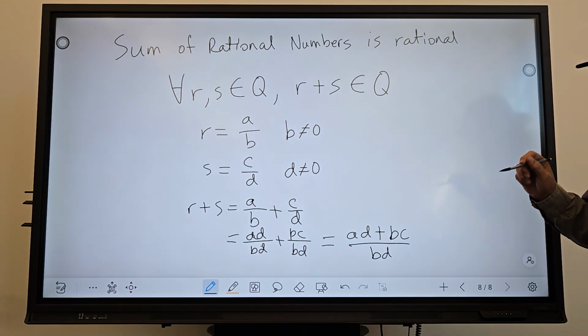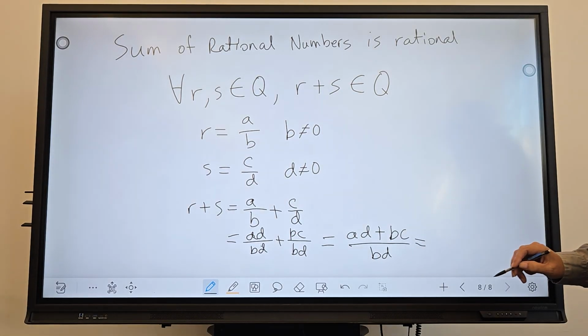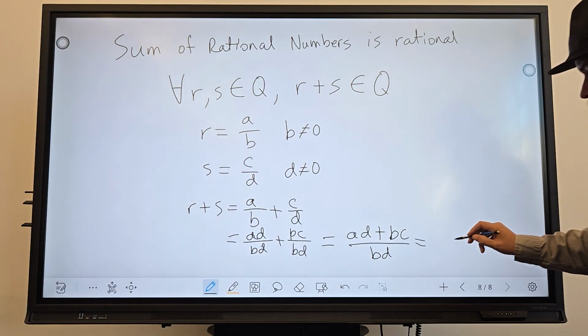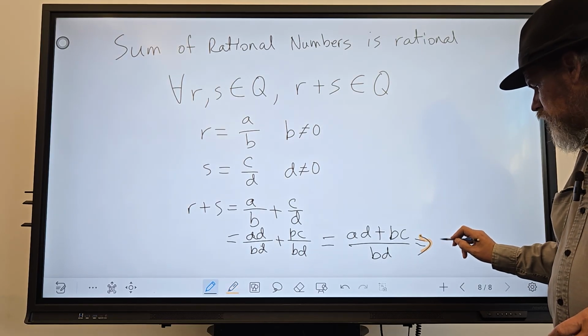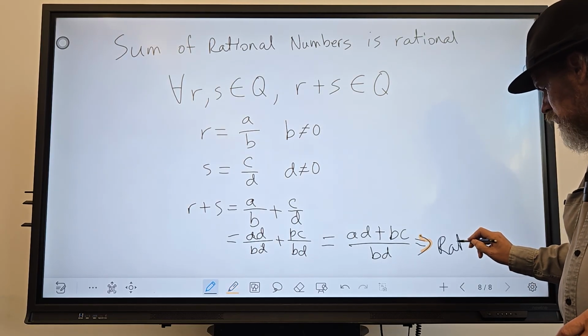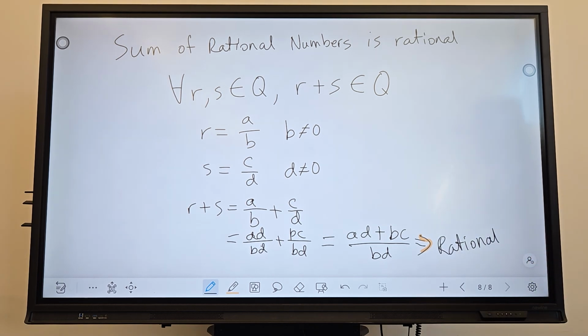Therefore it's rational. So the sum of two rational numbers is rational.